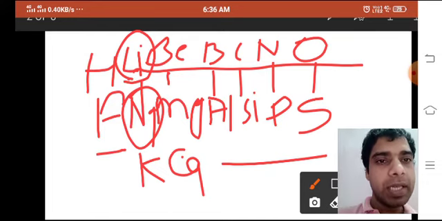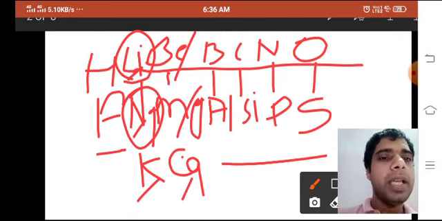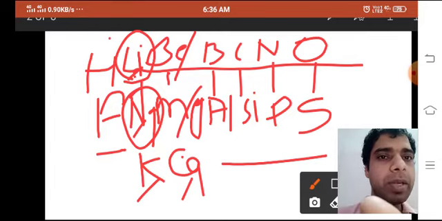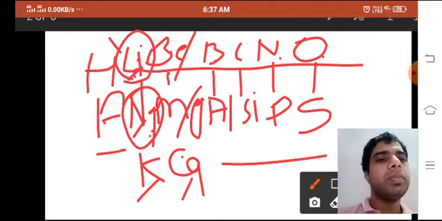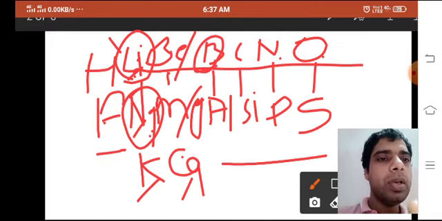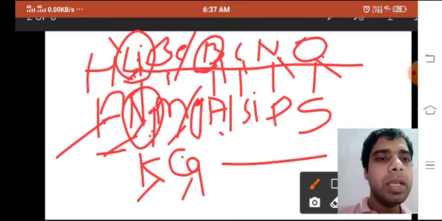You can see lithium is there, sodium is there, potassium is there. Then beryllium, magnesium, calcium. Count from here: 1, 2, 3, 4, 5, 6, 7, 8. So lithium and sodium will show similar properties. Count from boron: 1, 2, 3, 4, 5, 6, 7, 8.